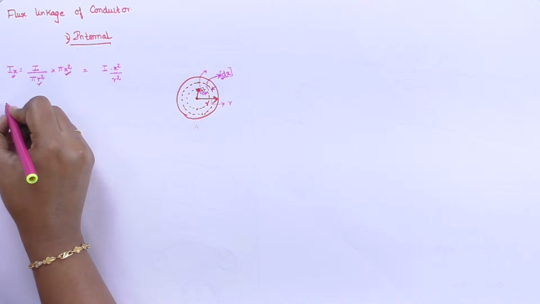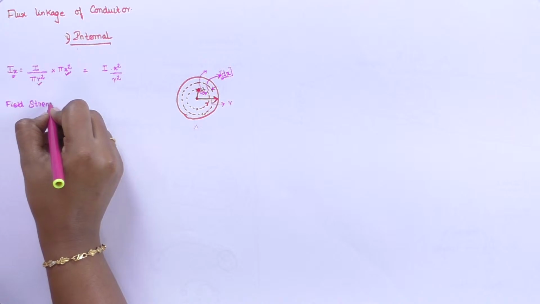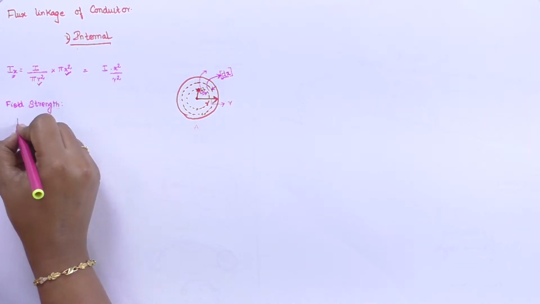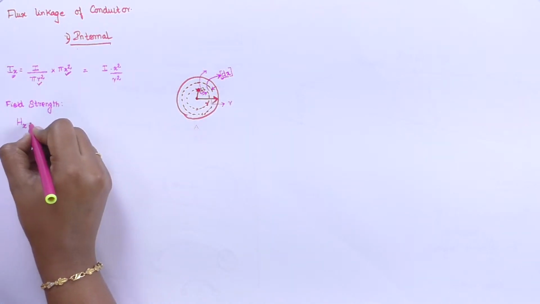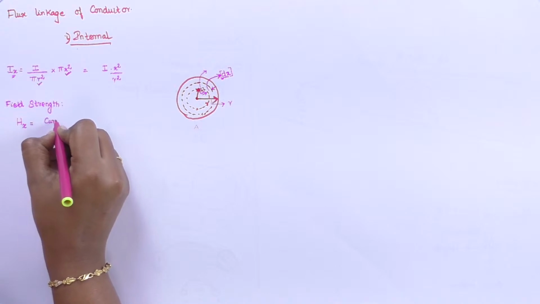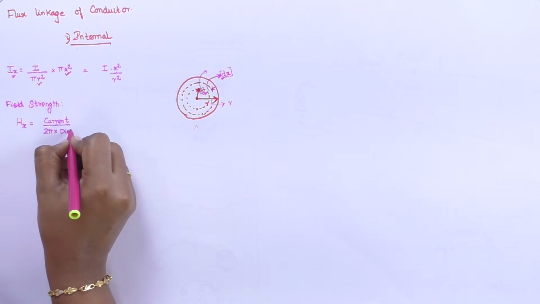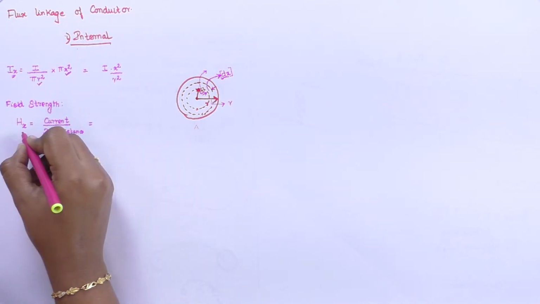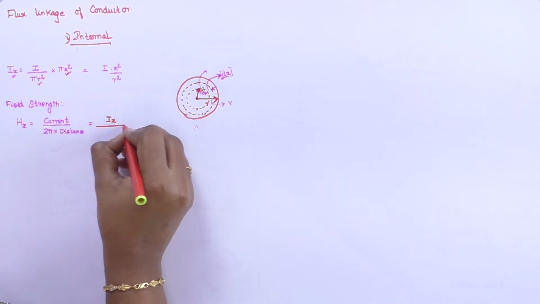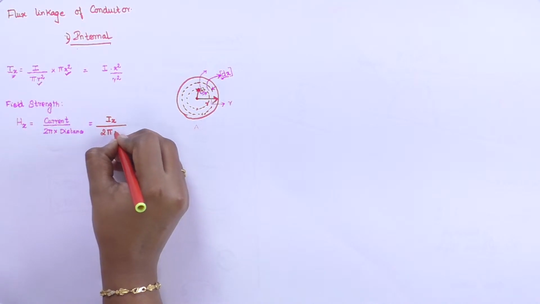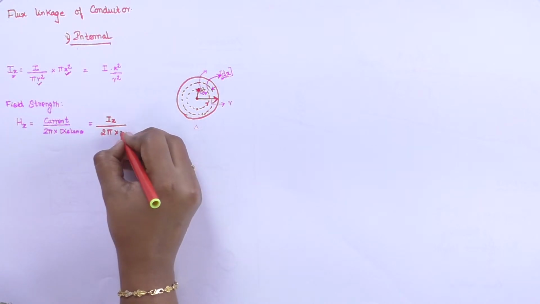Then second, we are going to calculate the field strength, denoted as H. We calculate this field strength at the region x. So Hx is equal to current divided by 2 pi into distance. Here the current is Ix, and the distance is x.